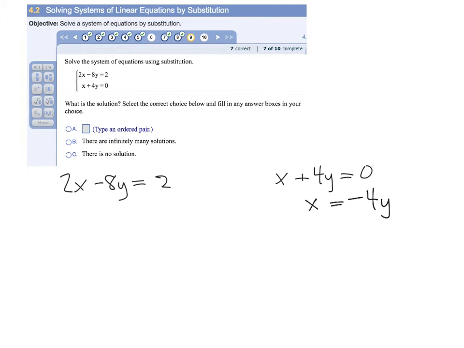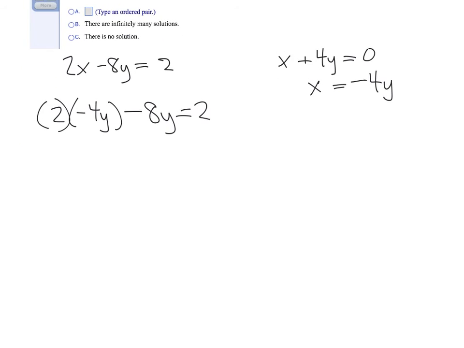That means I can replace the x with negative 4y, so I end up with 2 times negative 4y minus 8y equals 2. So this becomes negative 8y minus 8y equals 2.